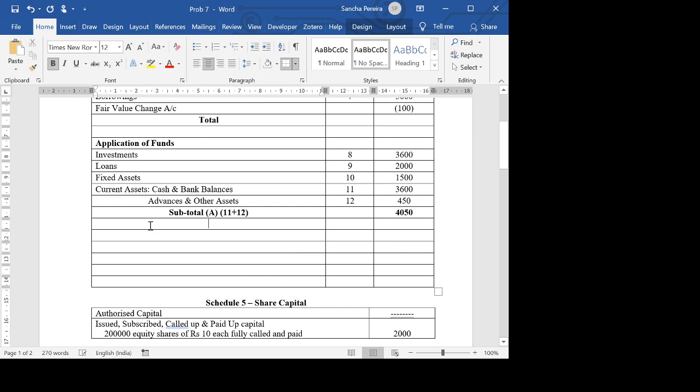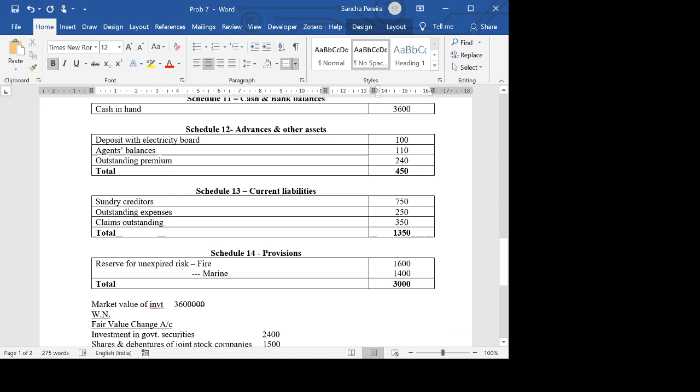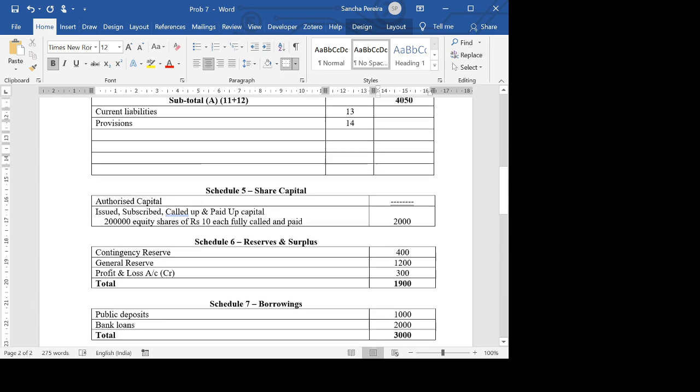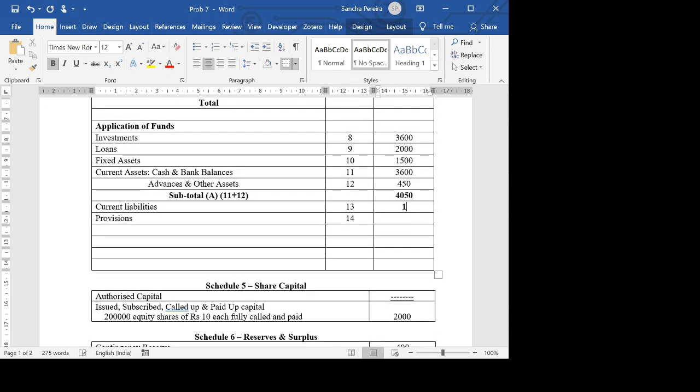Okay, then I move on to current liabilities, and then I have provisions. So current liabilities is 13 and provisions is 14. Now current liabilities that are given, how much have we calculated? 1350 and 3000.